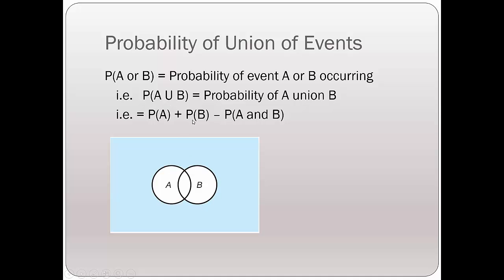A plus B. But when you do that, this part gets added twice. So you need to subtract the probability of A and B, then you get the probability of A union B. So we will look at numerical examples of these in Excel.